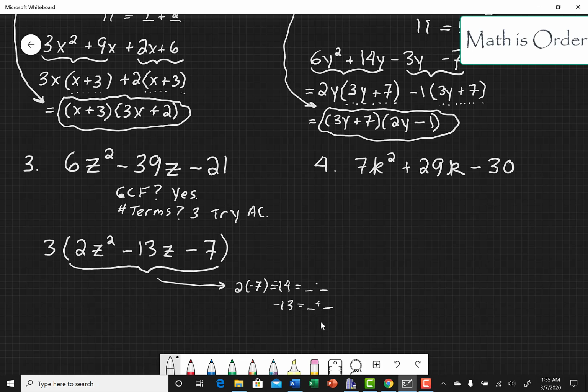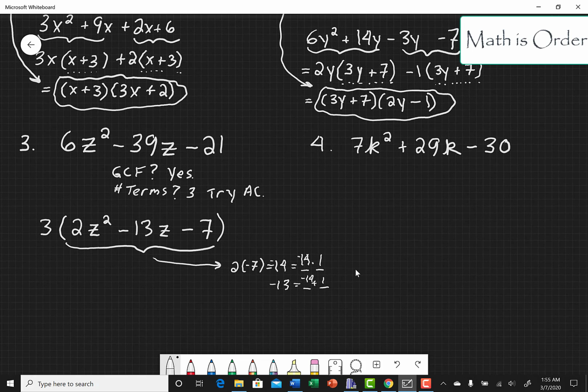Let's try, how about negative 14 and positive 1. Negative 14 times positive 1 will give us a negative 14, and it will add up to negative 13. So these are the correct values that satisfy our AC method condition.